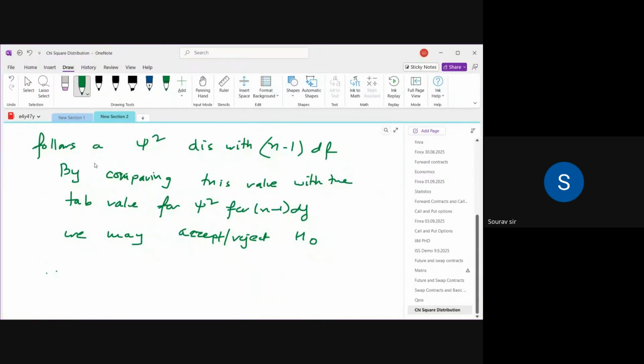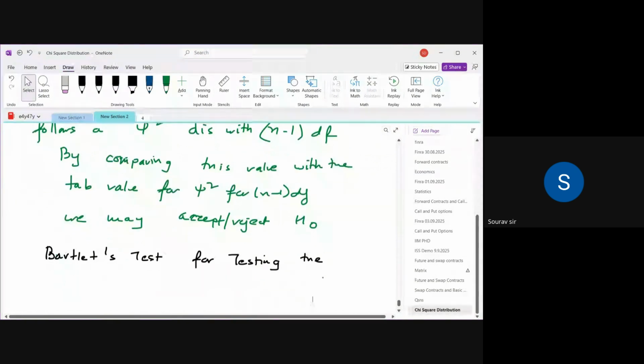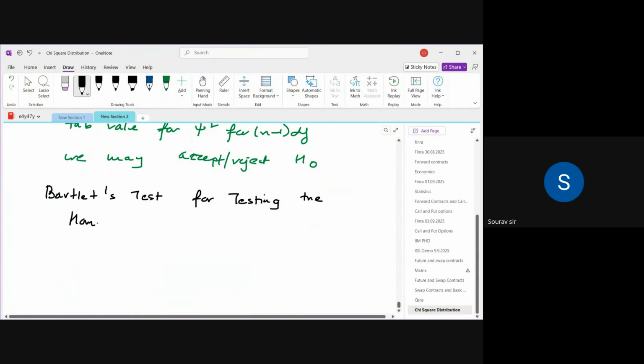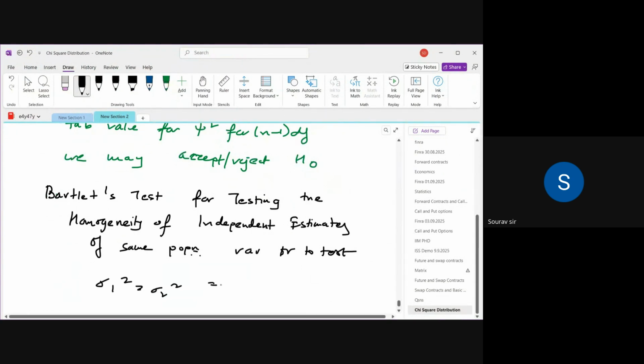Okay. For chi-square, today I will give you one more theory, that is Bartlett's test for testing the homogeneity of independent estimates of the same population variance, or you can write, to test sigma 1 square equals sigma 2 square till sigma k square.